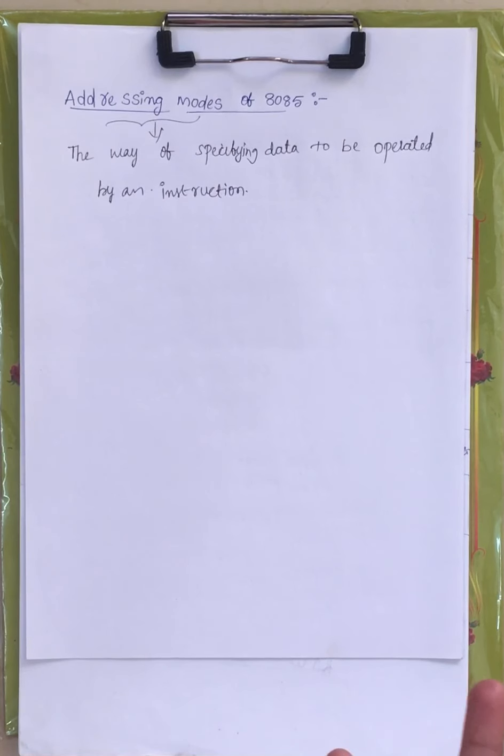Now what is meant by specifying data? If I mention any instruction, that arithmetic or logical operation is between register to register, or register to memory location, or register to immediate data.